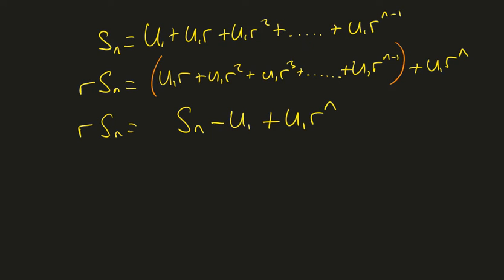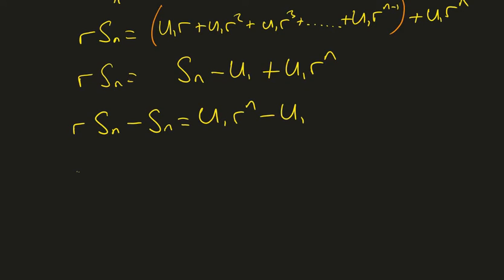There we go. Okay. Now, from this point, we're trying to create a formula for Sn. We'll put the Sns on one side and then see if we can do some factorizing. So rSn minus Sn is equal to u1r to the n minus u1. And then we'll take a factor of Sn out. So Sn(r minus 1) equals u1r to the n minus u1.